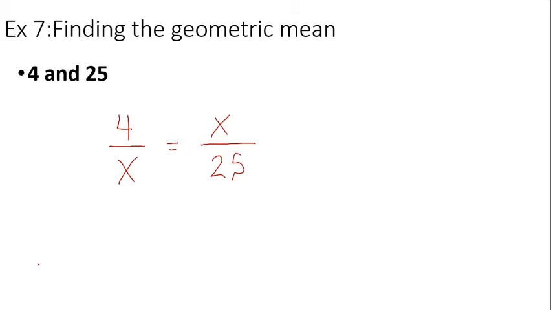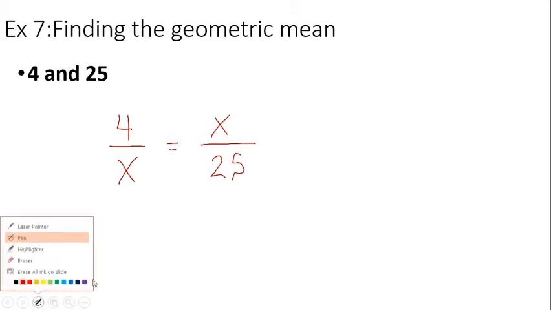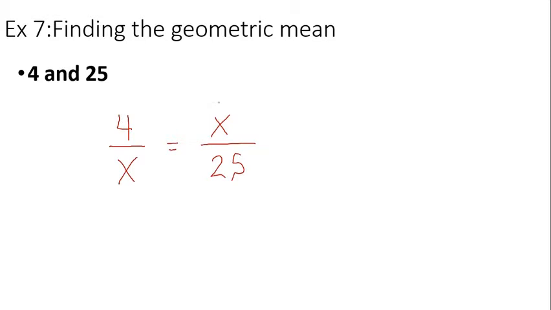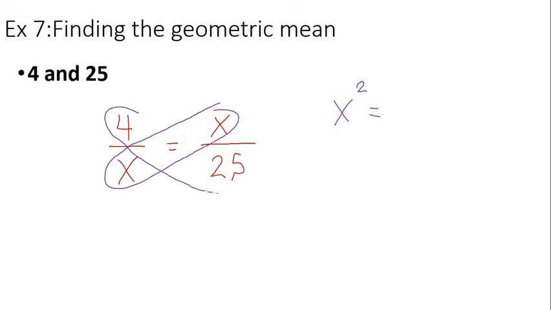And then from there, I just cross multiply. So I'll take the x's first. So x times x gives me x squared equals, and then 4 times 25, that's going to give me 100.